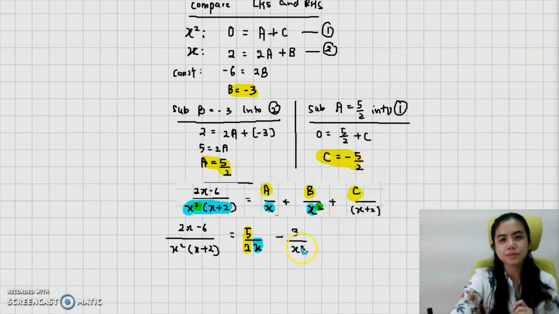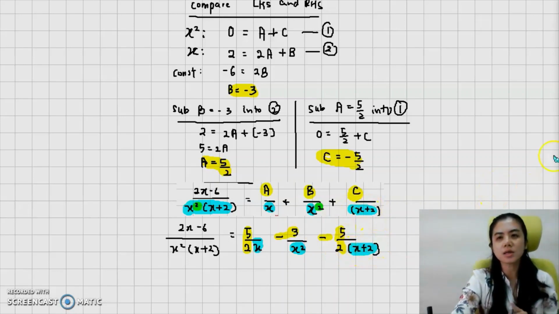This minus 3 is coming from the B. And the value for C, that is minus 5 over 2. Just write minus 5 over 2, and this x plus 2. So this is the value of C, and this is x plus 2 here. So this is the last line that you get for the decompositions.